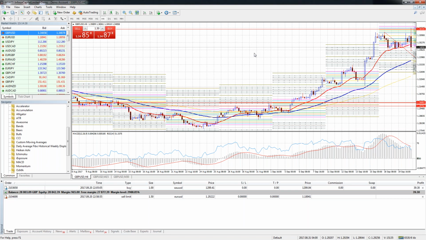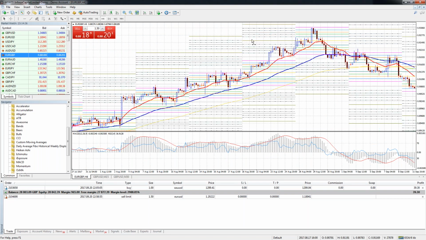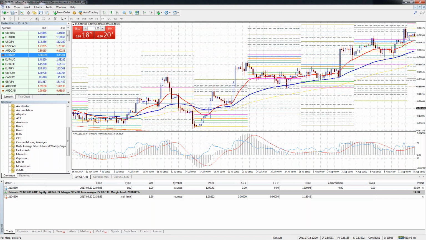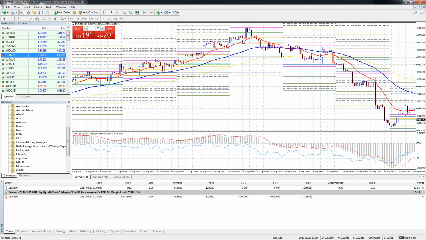Let's go back on Euro Pound now. There's an example on here I want to show you of where it broke. All through the summer, the market has trended upwards, all towards this 0.9 level. The market broke 0.9 in the summer holidays through August, before topping out at 0.93.